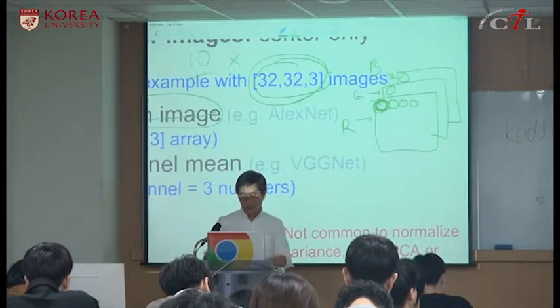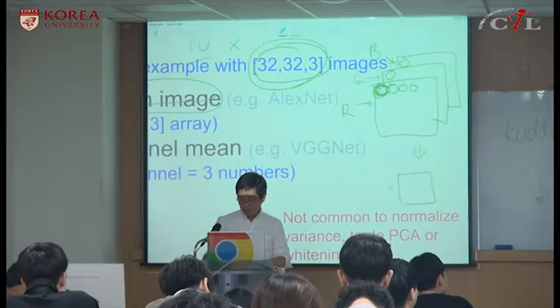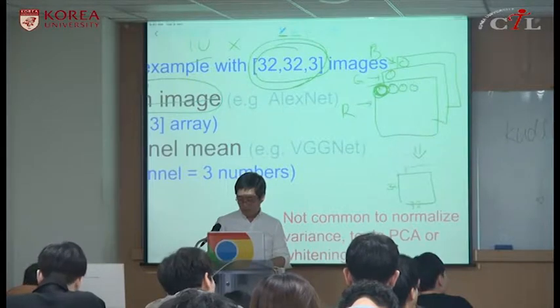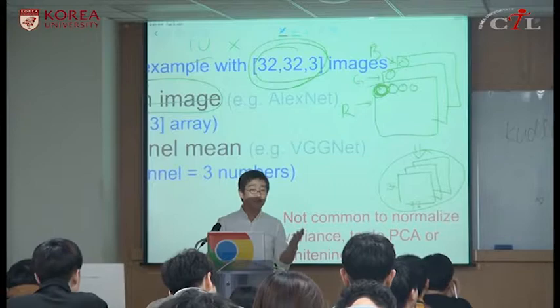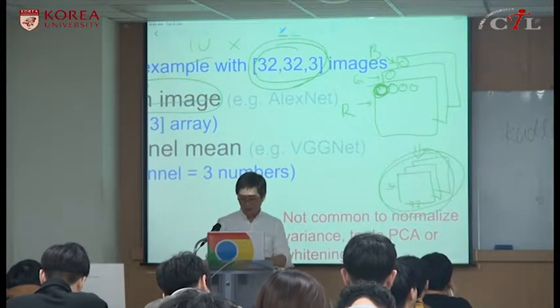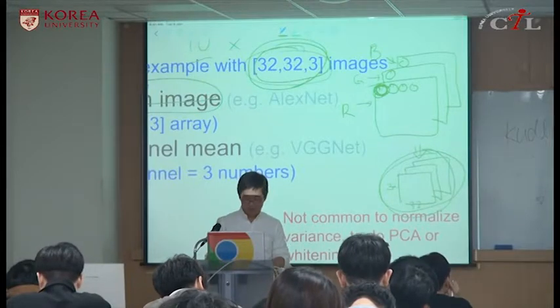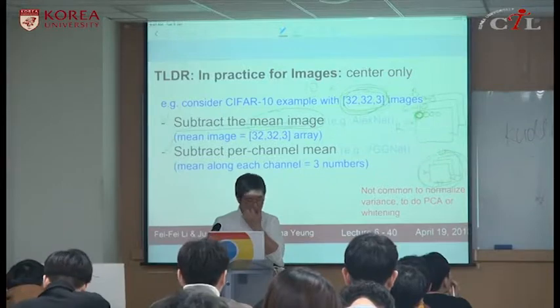Our average output will also be 32 by 32 with 3 channels, right? This can be viewed as our average image, and then we just subtract this entire tensor from each of our images. That corresponds to the first case of subtracting the mean image.